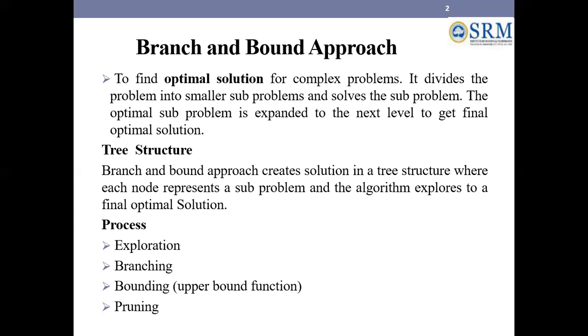Here, the knapsack problem is a maximization problem. That is, finding the most valuable subset that fits into the knapsack. There are n items given, and the n items have weight and value.